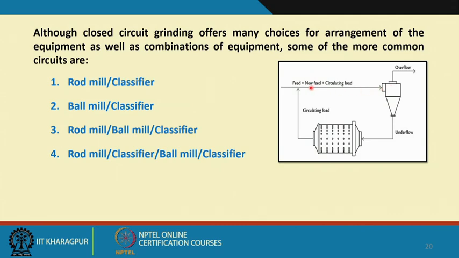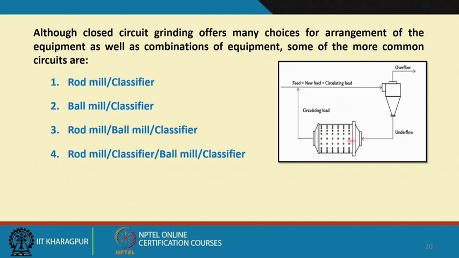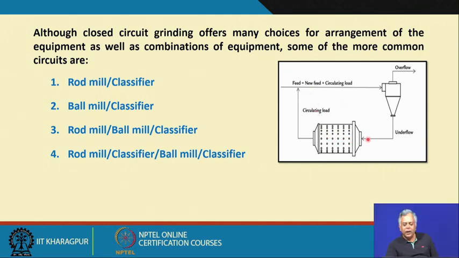My feed is coming from the crusher, and suppose I want my grinding mill to grind my material 100% below 40 micrometers, but the particles coming in may be around 10 millimeters, from a tertiary crusher upstream.